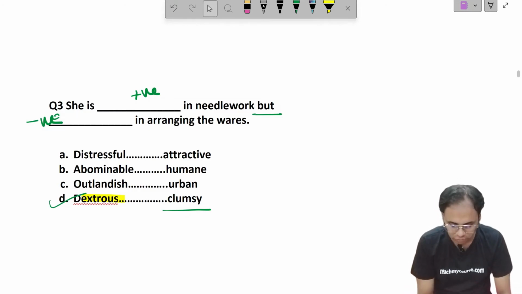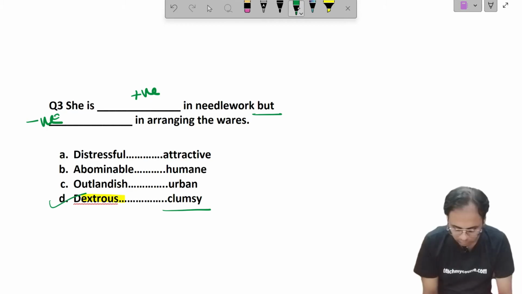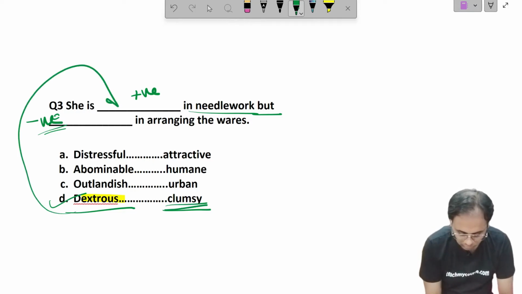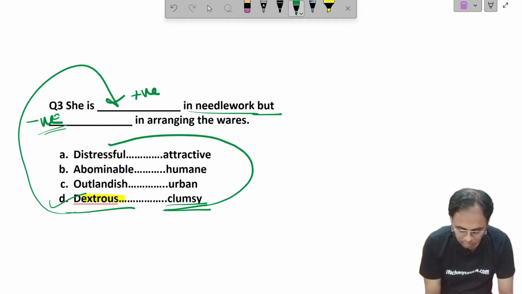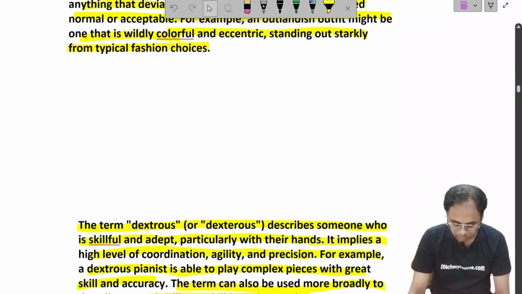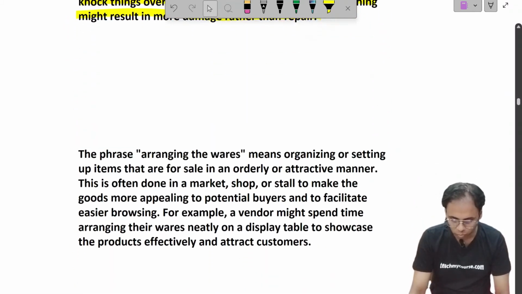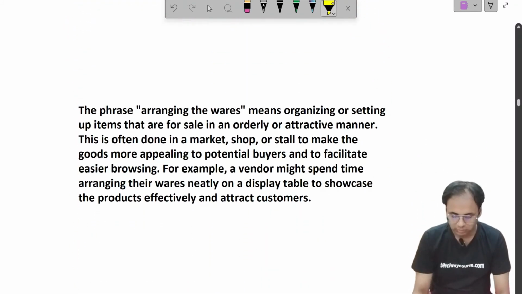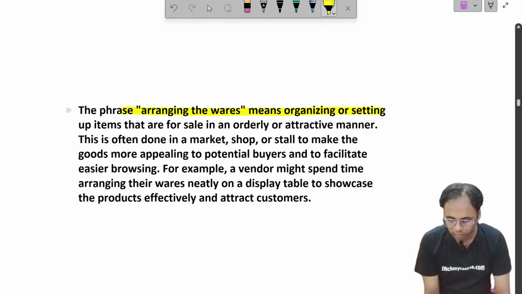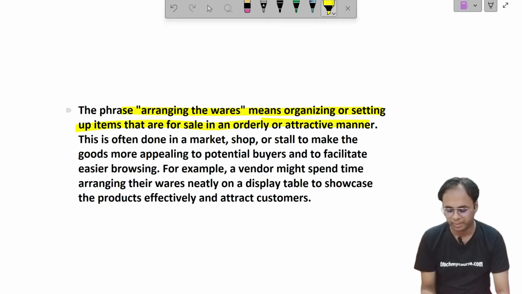So this makes sense: she has a positive quality, which is dexterous in needlework, but a negative quality, which is clumsy in arranging the wares. Also, we can see what the phrase "arranging the wares" means. It means organizing or setting up items that are up for sale in an orderly or attractive manner.